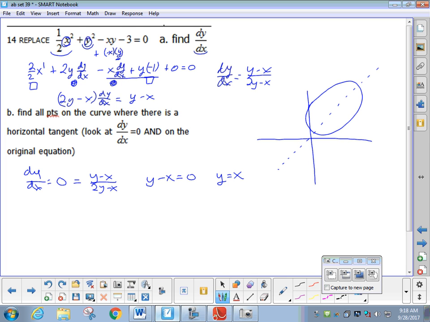I'm not finding any old places where y equals x. I'm finding places on the curve where y equals x. So it's not just this condition. This condition takes care of the slope equaling 0, but I need to also add on, not only does y equal x, but it's on the curve. So these points, I need to use this with on the curve.